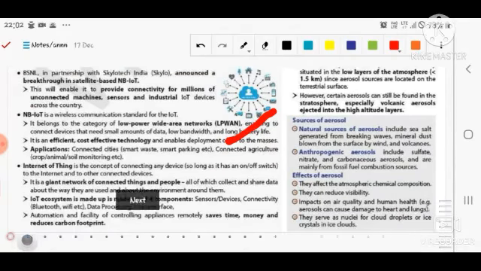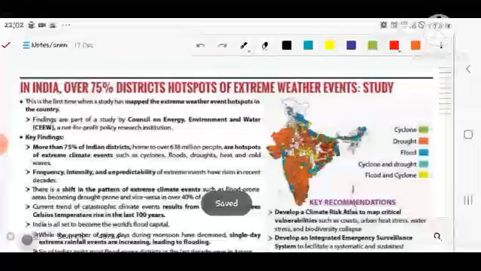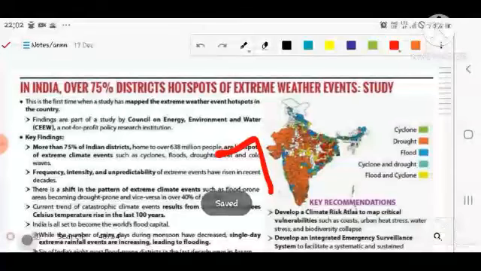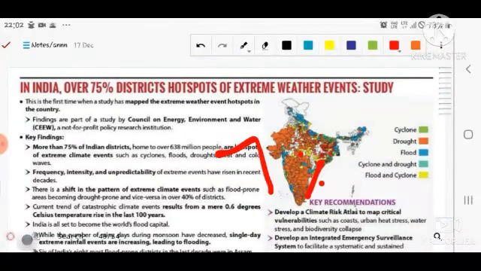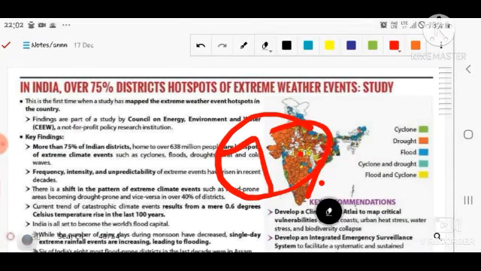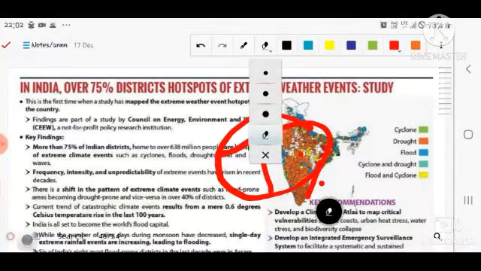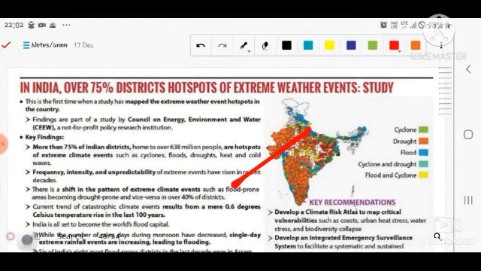That can be important. Next, in India, 75% of districts are hotspots of extreme weather. It means 75% of districts in India have faced extremity in weather events. So this is the whole study that was done. I will not go into so much detail. I'm sure you are reading from the newspaper. If you are not reading from the newspaper, then tell me in the comment section.